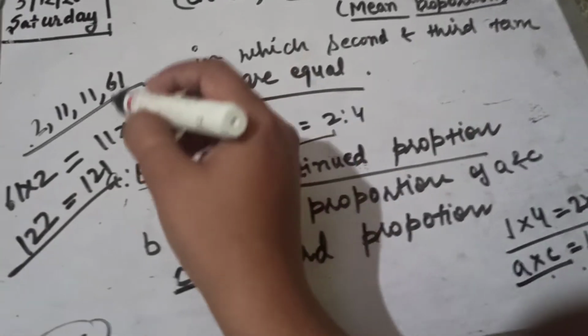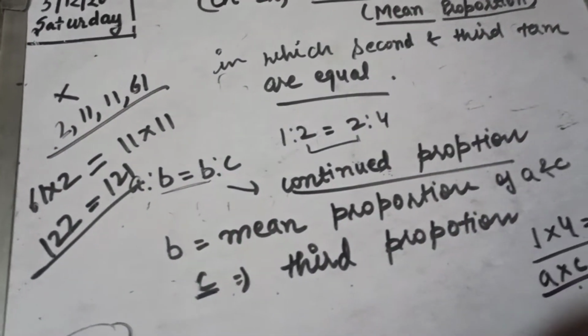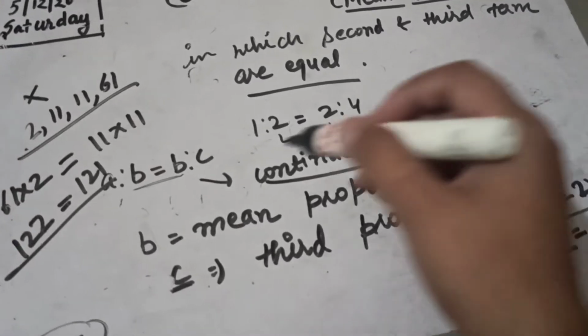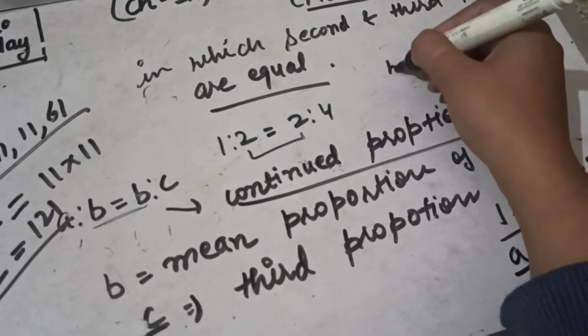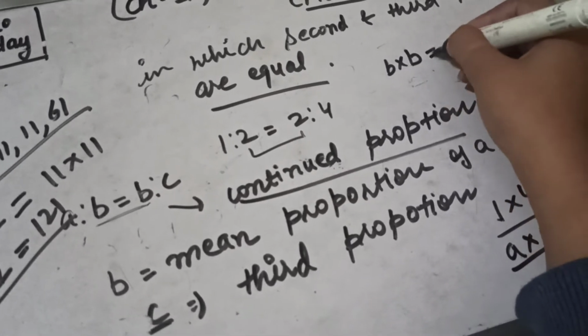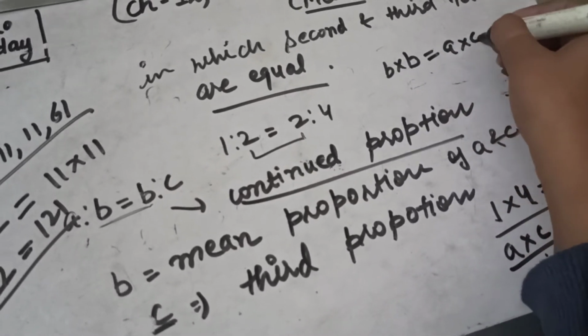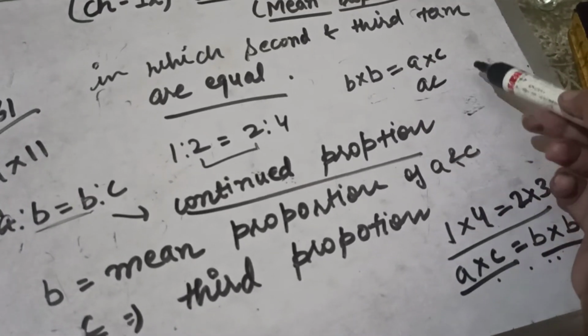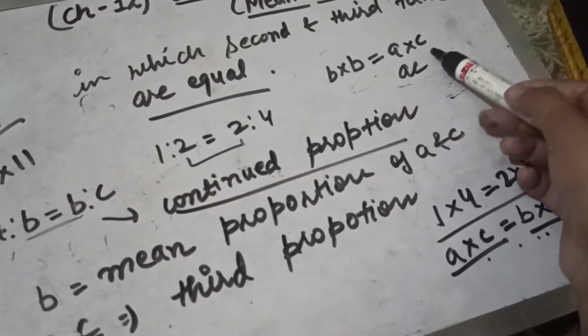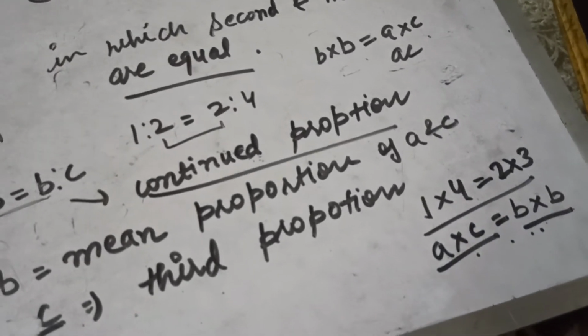So no, these are not in proportion, and the reason is that in mean proportion, B cross B equals A cross C, or you can write AC. Mean proportion equals the product of the first and third term.